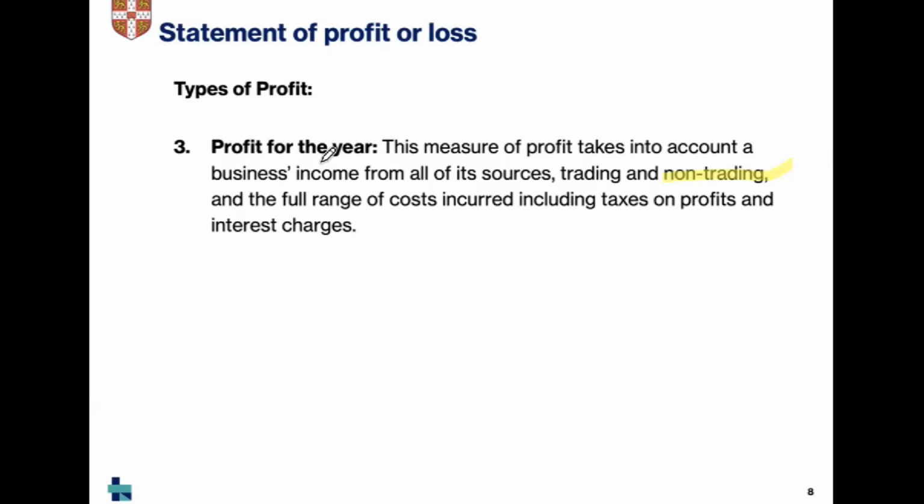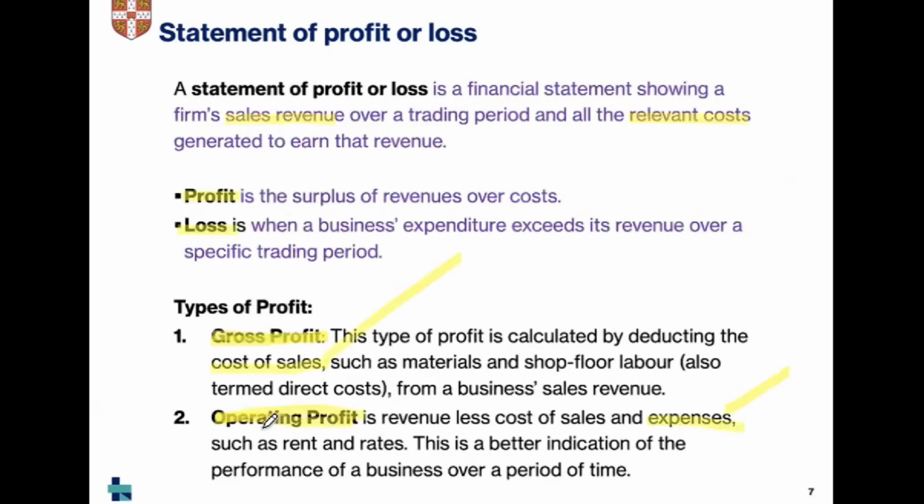All right, we cannot deduct this interest here at the operating profits section because it is not the main activity for which the business was set up.